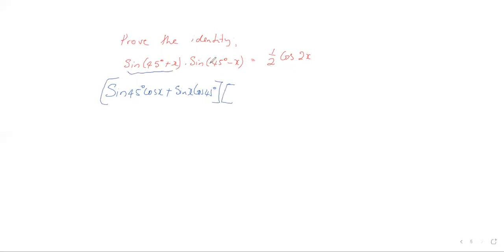And then we multiply here the sine of 45, the cos of x, minus the sine of x, the cos of 45.